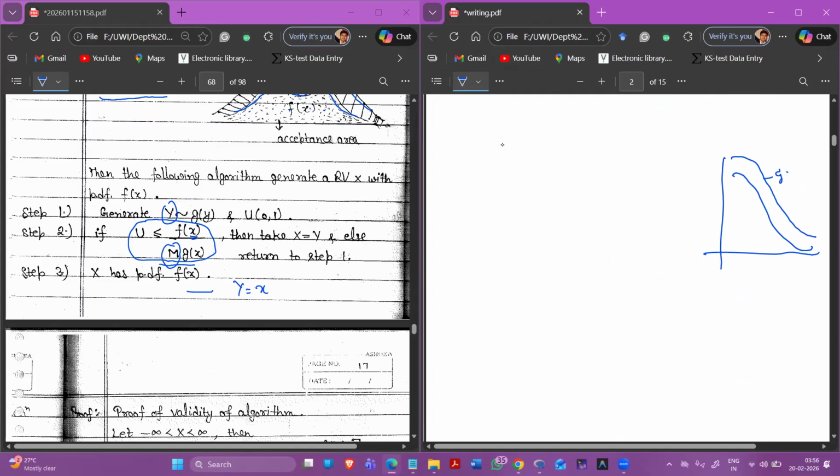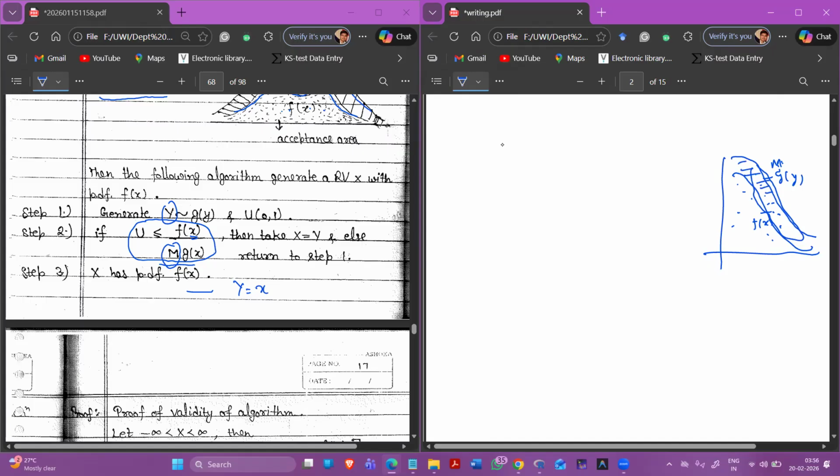This is my gy, or m into gy you can say, and this is my fx. So whatever values I generate from gy, will all the values lie here, or may some lie here also? If a value lies in this region, I need to remove all those samples. I need to remove all those values that lie in this area.